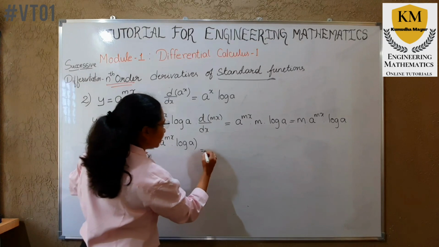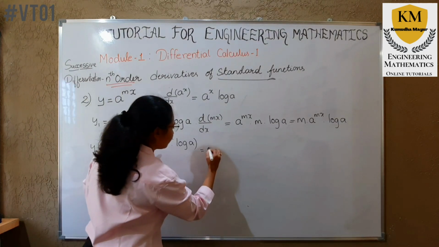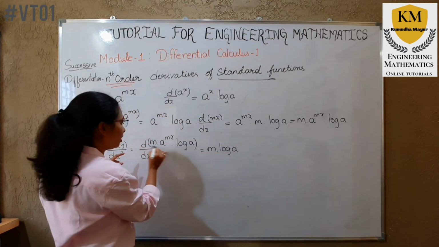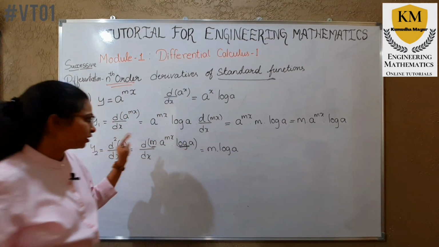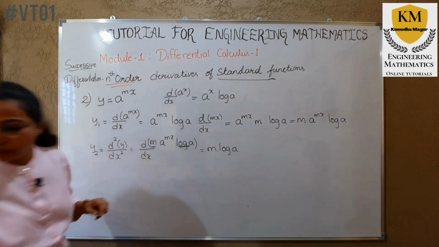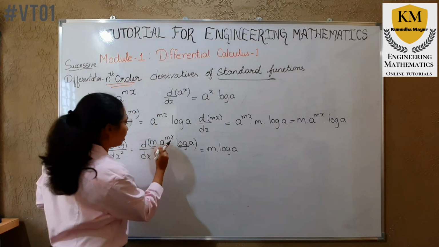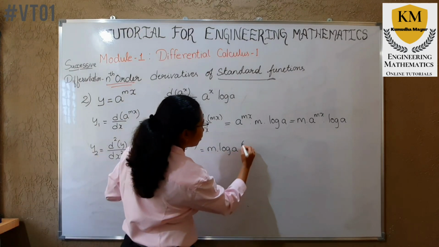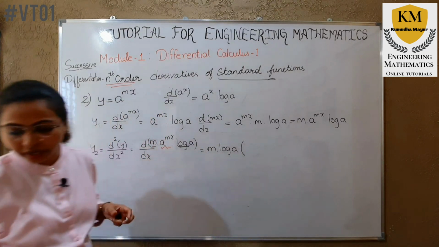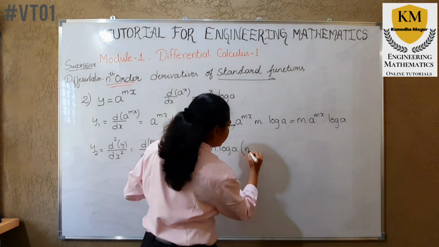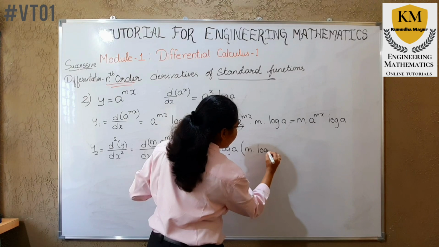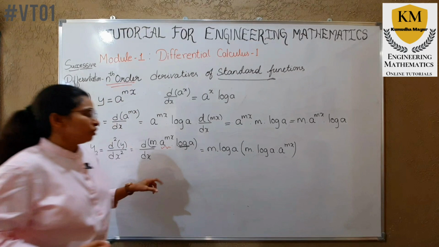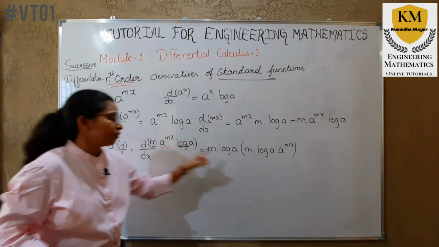You can observe that m log a is a constant, so let me take it out. The rest, a to the power mx, is what I want to differentiate. When I differentiate it, you are going to get m into log a into a to the power mx.